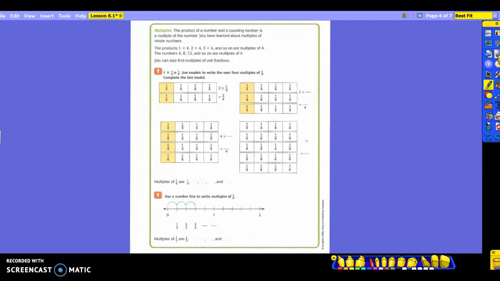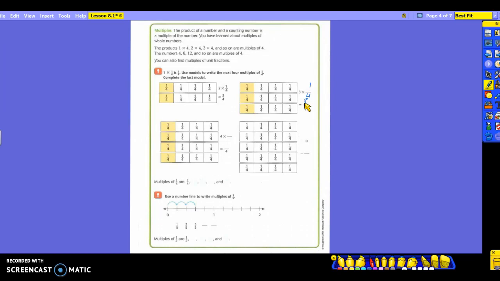So you can see they have a model here of 1/4 and 1/4. So take a look at what they wrote. How many times are they doing it? 2 times the 1/4 gives you a total of 2/4. Everybody good with that? Okay, let's move over here then. This time I have what? 3 times, still the 1/4, and that's going to give me a total of 3/4.